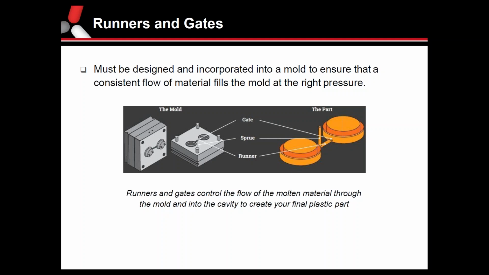You can subgate into parts to get the gate vestige off the show surface. Hot tips, cashew gates. We try to keep the gate minimal diameter to fill the size of the part, and only increase that as necessary if we're running into fill issues. So the overall goal is to leave the smallest amount of vestige possible. Correct.